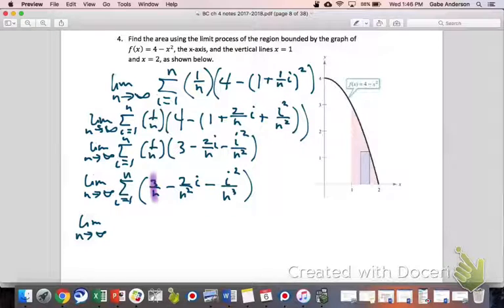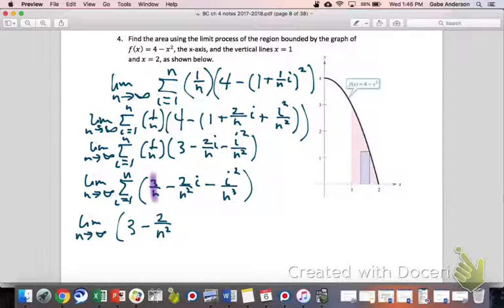The 3 over n is just a constant, so we view the whole 3 over n as a constant. The formula for sigma of a constant is just that constant times n. So 3 over n times n will give us? 3. Yep.